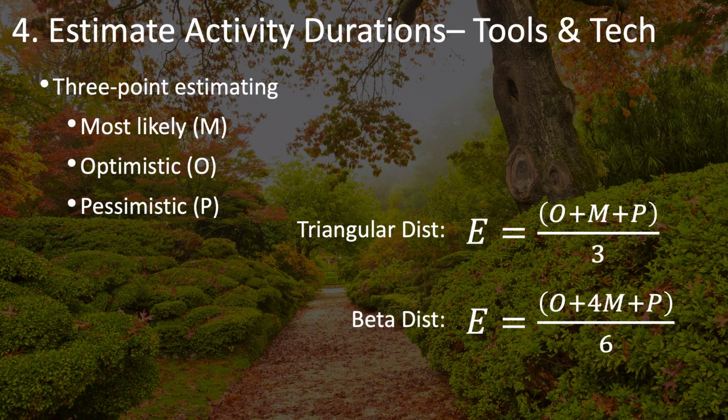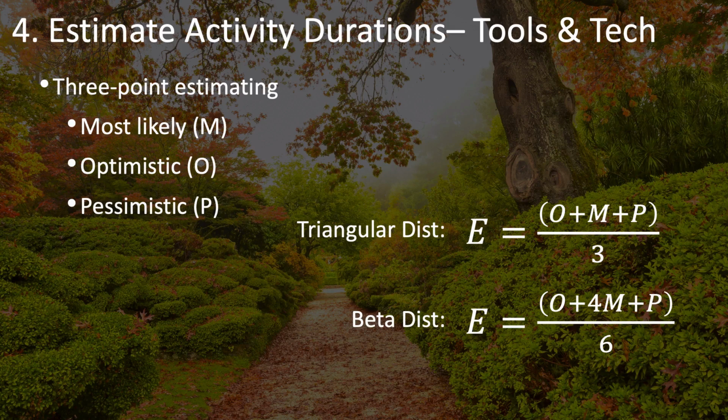There are actually several, but a couple that are presented here and that are most common are the triangular distribution and the beta distribution. In the triangular distribution, you're assuming basically that each of these outcomes is equally likely. It's just as equally likely that it'll be the optimistic or pessimistic or most likely durations. So you simply add those up and do a simple average.